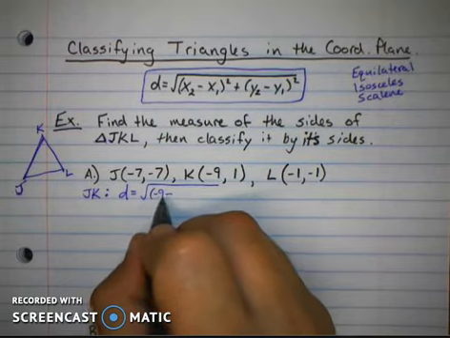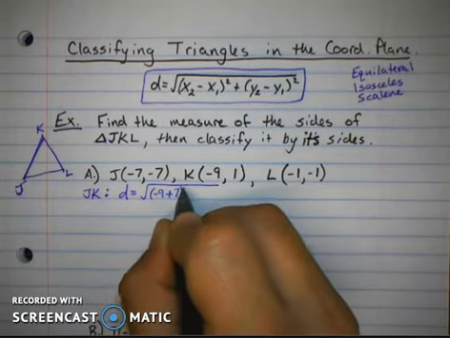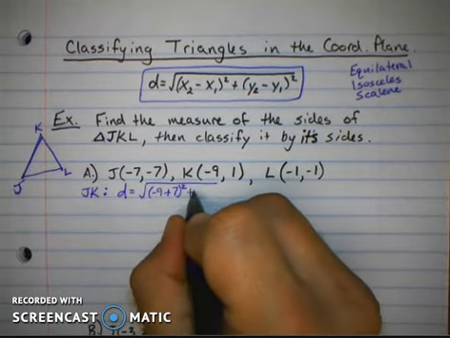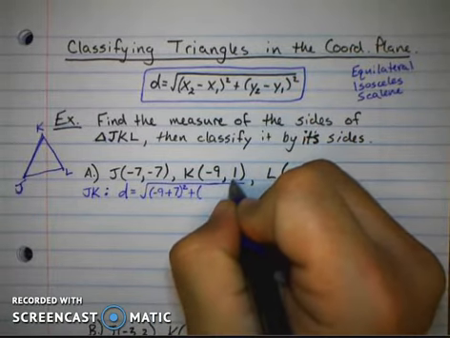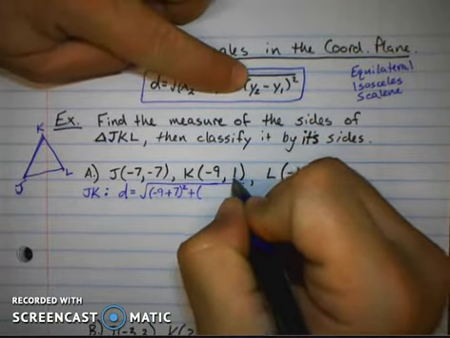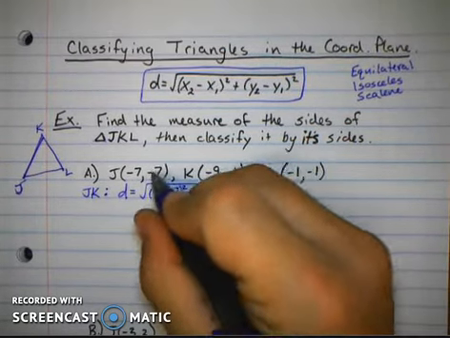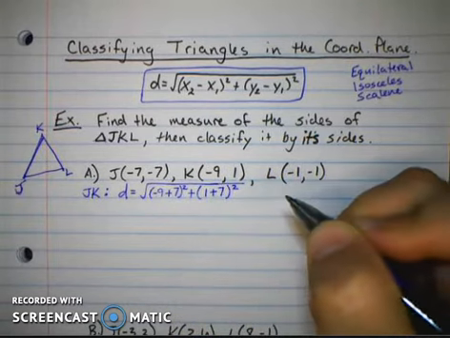If we do -9 minus -7, we can change that to +7. Parentheses squared, plus the second y-coordinate is 1, minus the first y-coordinate is also -7, so I can make that a +7 and square that.